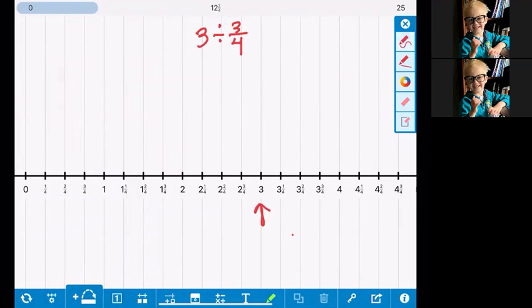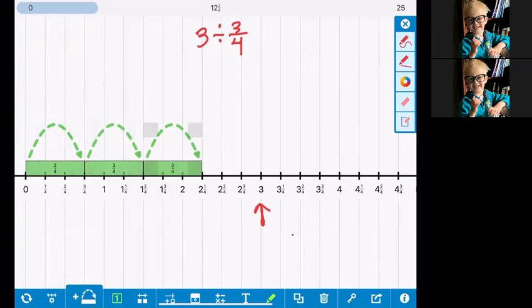So we're thinking about how many 3/4 long pieces. 1, 2, 3, 4, right? How many 3/4 long pieces fit in, right? 3/4 fits in 1 time, 2 times, 3 times, 4 times. So 3 divided by 3/4 is 4.